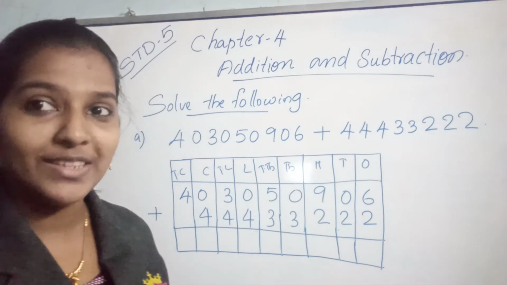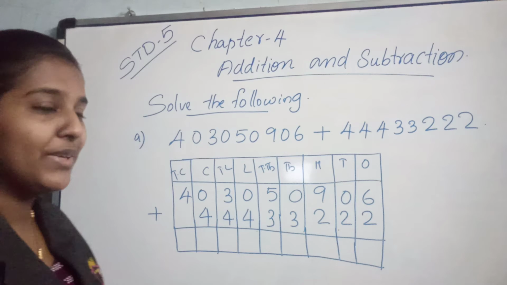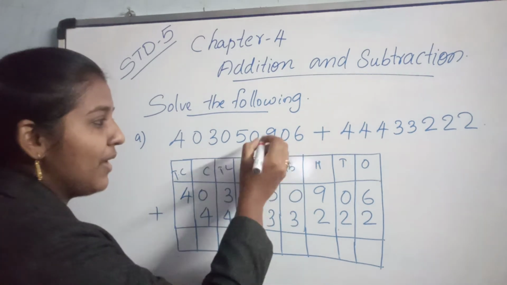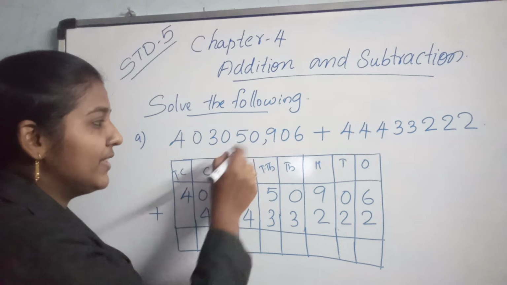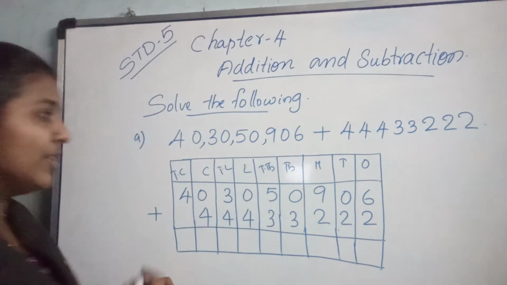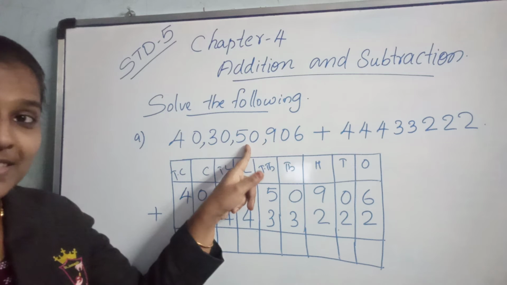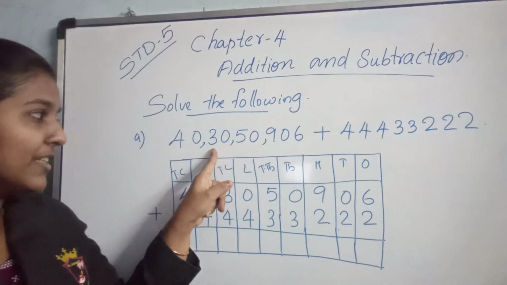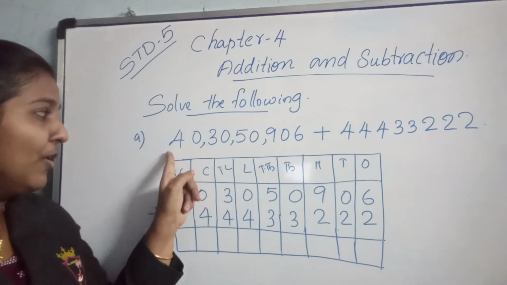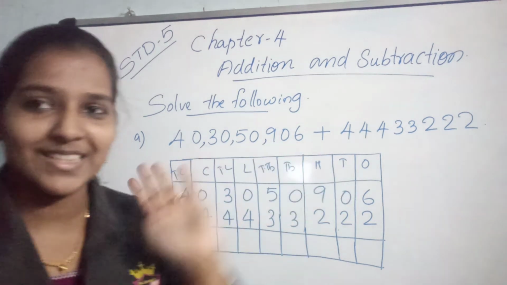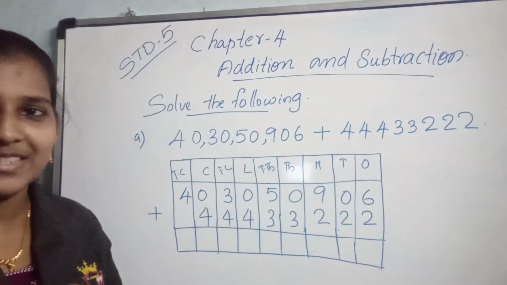For easy reading, you can put the comma first, then it will be easy for you to read. So from after 3 digits, then after each 2 digits, you can put a comma. And we know this is ones, thousands, lakhs, crores. So 40 crore, 30 lakh, 50,906. Very easily we can read this number now.